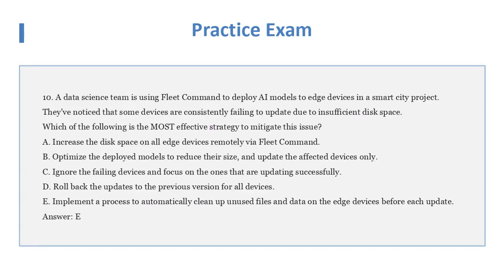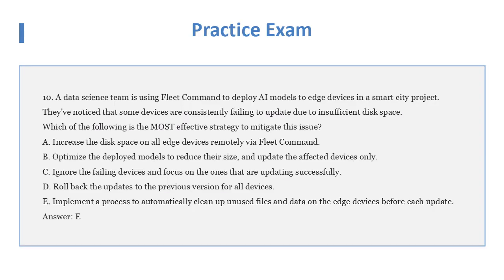10. A data science team is using Fleet Command to deploy AI models to edge devices in a smart city project. They've noticed that some devices are consistently failing to update due to insufficient disk space. Which of the following is the most effective strategy to mitigate this issue? A. Increase the disk space on all edge devices remotely via Fleet Command.